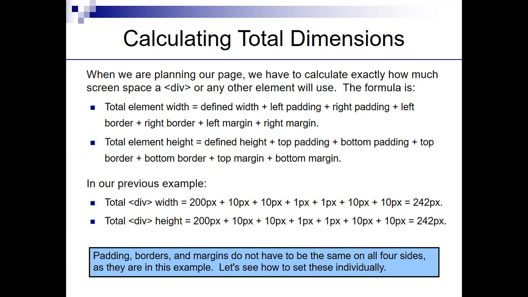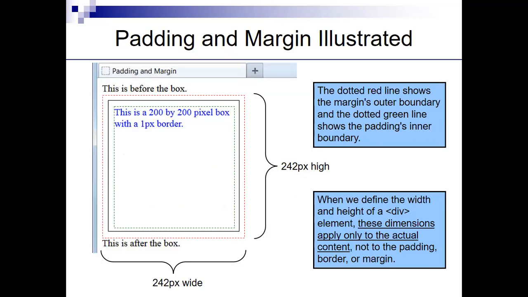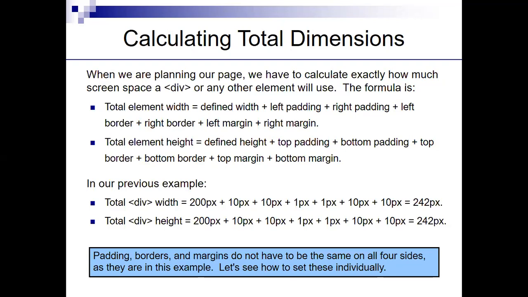So before you say this, there's the original dimension of that particular image, which is 200. That is the original dimension of what the content occupies. But once we add these other dimensions, such as the padding and the margin, the space changes, and the width and the height kind of reduce.